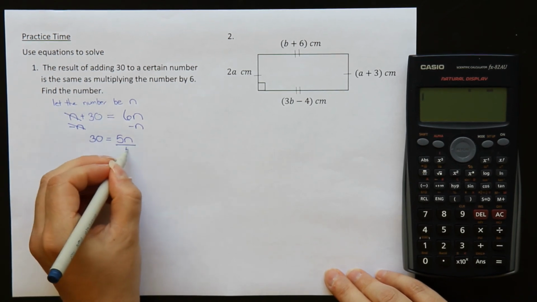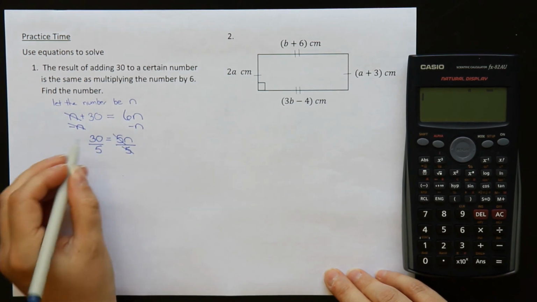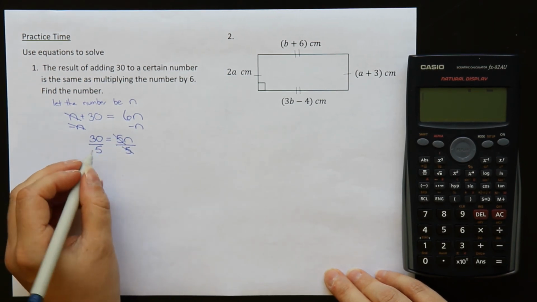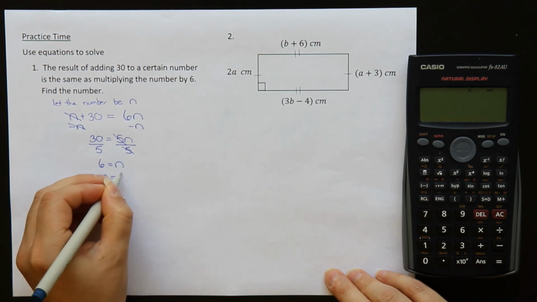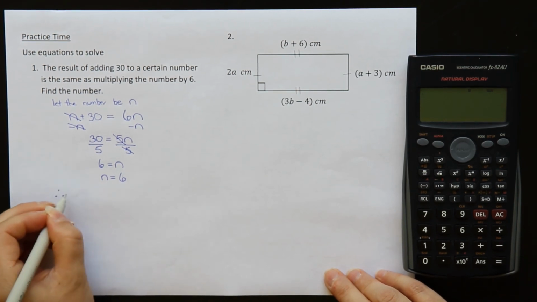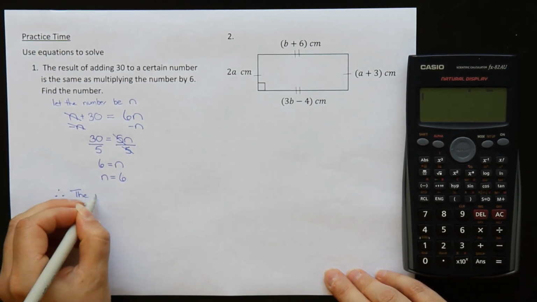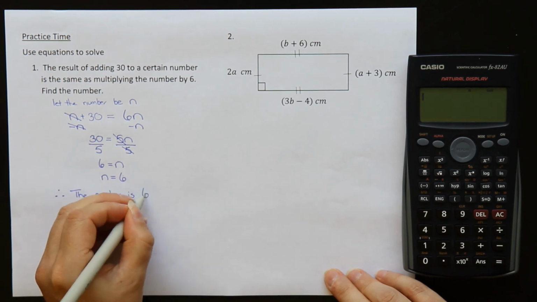So divide by 5, divide by 5. 30 divided by 5 is 6. So we can write that the other way around, n is equal to 6. That means, therefore, little conclusion, the number is 6.